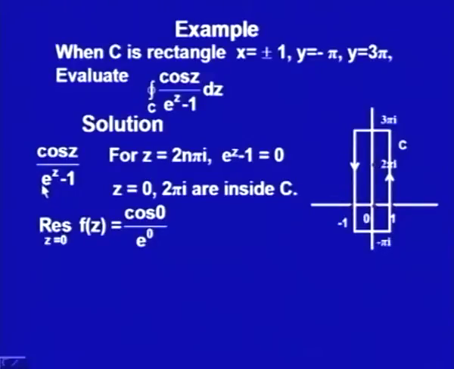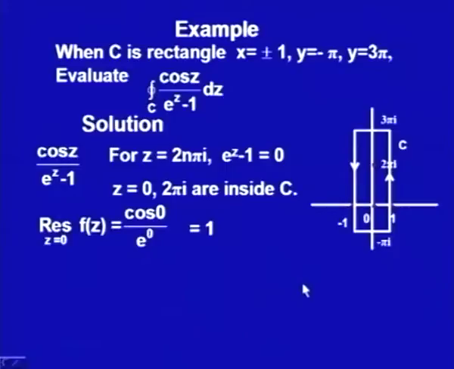So at z is equal to 0, p is cos 0, and q dash is e to the power 0. e to the power 0 is 1, cos 0 is 1, so I get 1. So, the residue at z is equal to 0 for this function is 1. You can check that these are also simple poles.